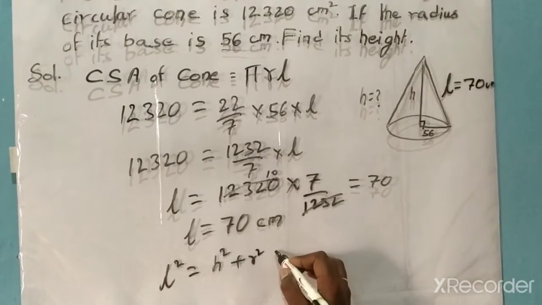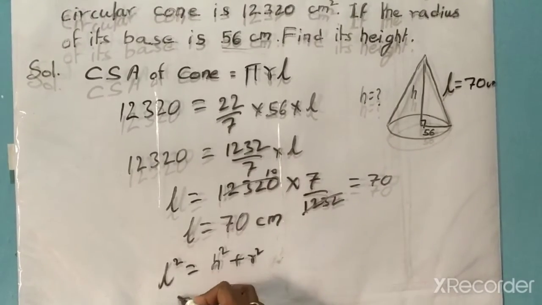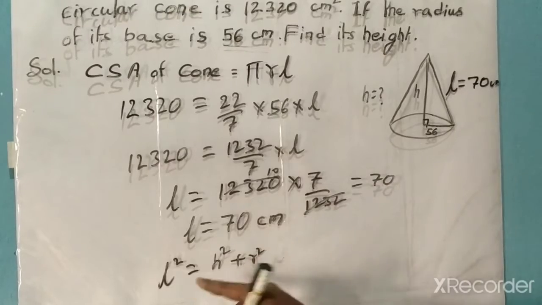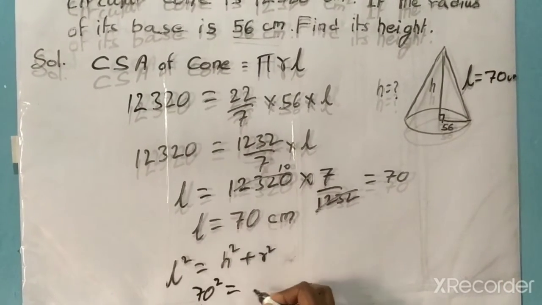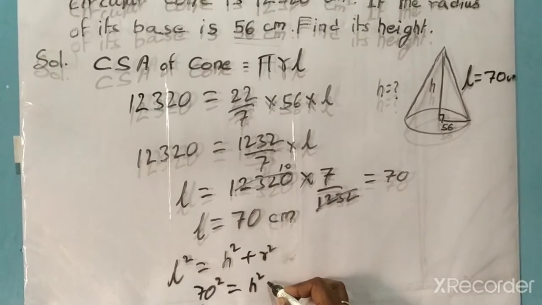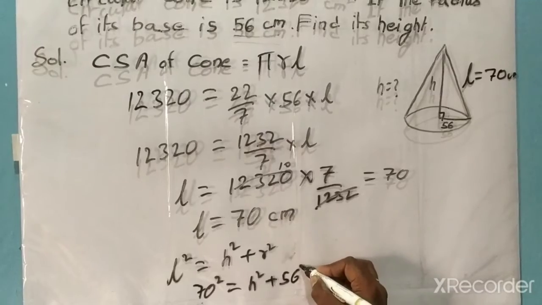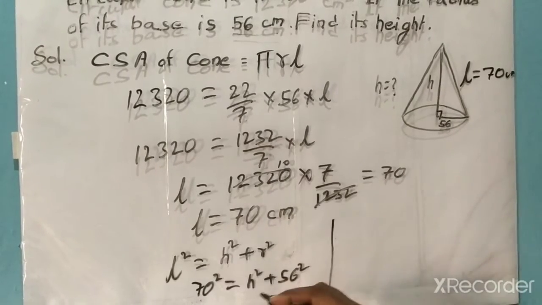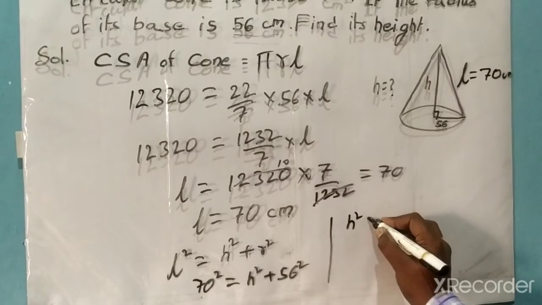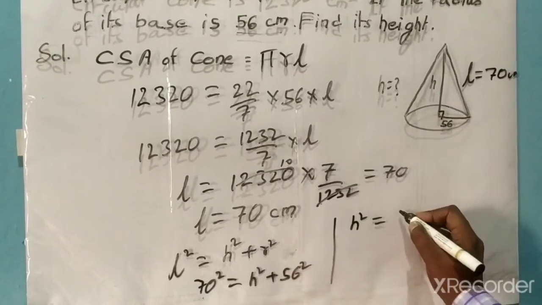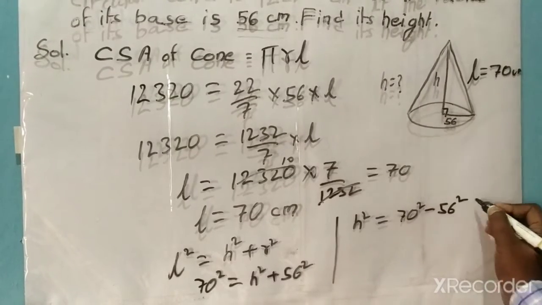Here l is 70, so 70 square is equal to h square plus 56 square. Now we will solve. h square is equal to 70 square minus 56 square.